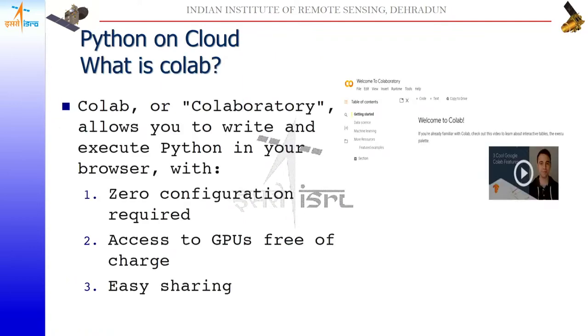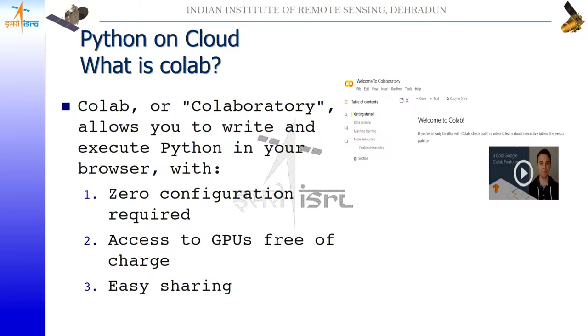If you want to use Python, the first thing is you need to install everything on your system, which may sometimes be a cumbersome task. If you don't want to install everything on your system, there are many cloud service providers offering free cloud-based services for Python. If you have a Google account, you can directly use Google Colab.